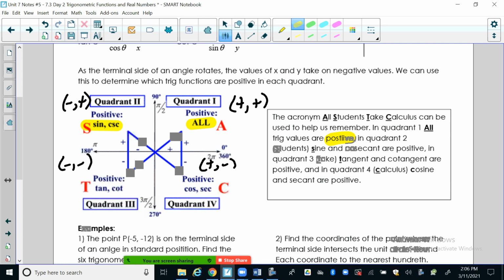Take, tangent and cotangent are positive. And Calculus, cosine and secant are positive. So All Students Take Calculus helps us remember which trig functions are positive in each quadrant. Any questions on that?